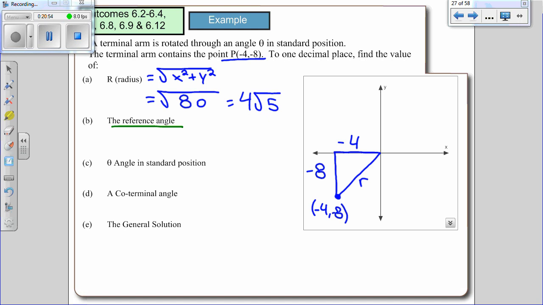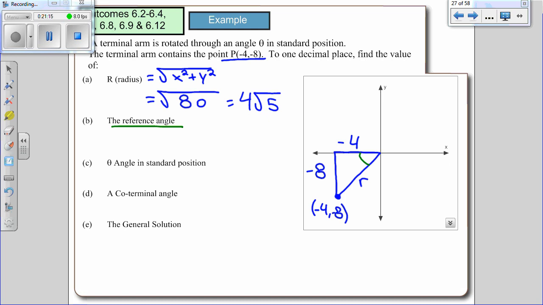From the terminal arm to the closest x-axis. That's the reference angle in green. That's different than, say, the standard position angle. So when they just say calculate the reference angle, you need to know which one that is. That's the one inside the triangle.